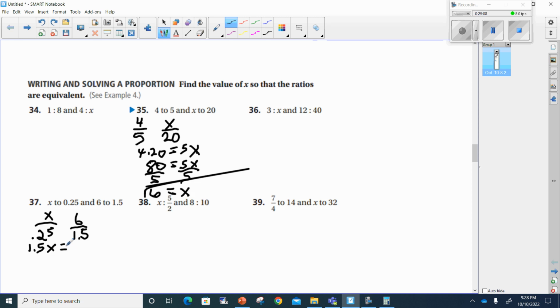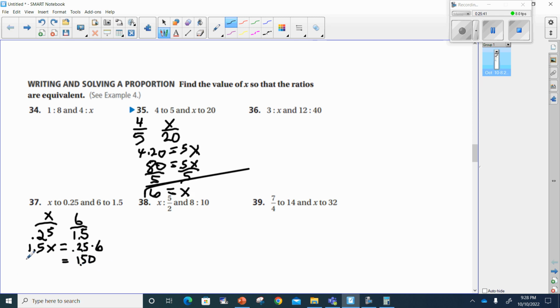That's got to be equal to 0.25 times 6. When I think about quarters, right? 6 quarters equal $1.50. And since it's 2 decimal places, it's going to be 1.5.